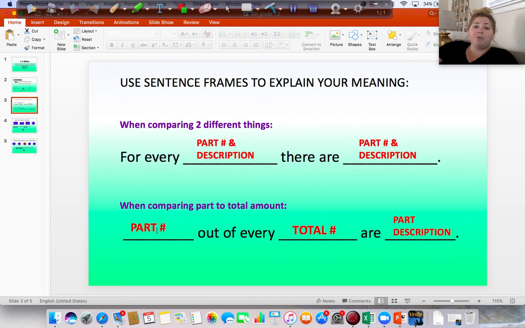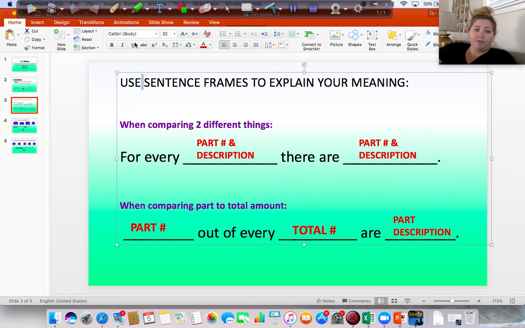You can explain your meaning using these 2 sentence frames, and you can plug in whatever number and description that you are talking about. So I want you to go ahead and write down these 2 sentence frames, and then in the example questions that we've got today, I will show you how we will be using those sentence frames.